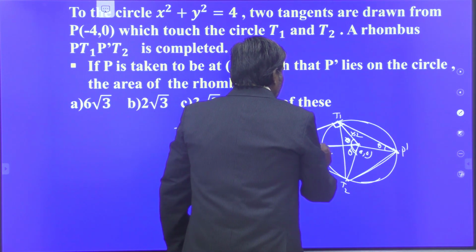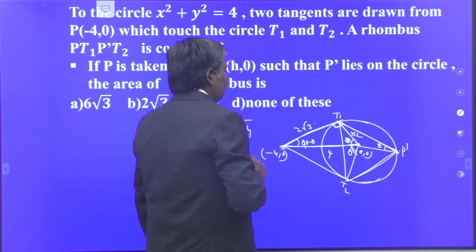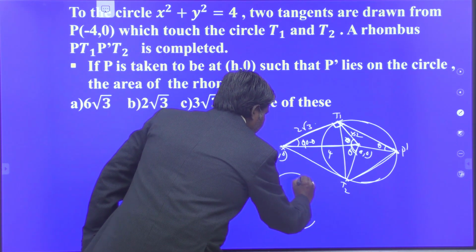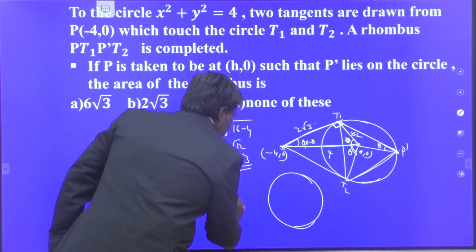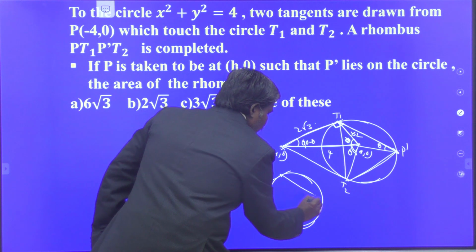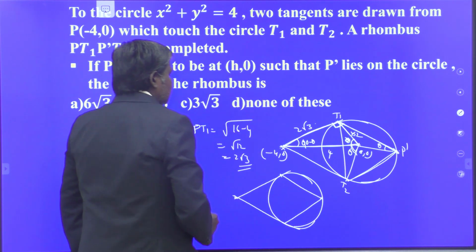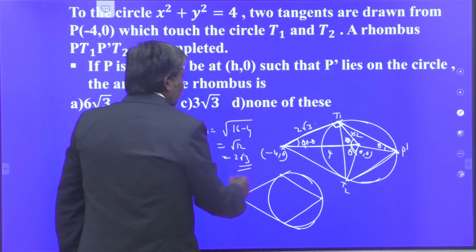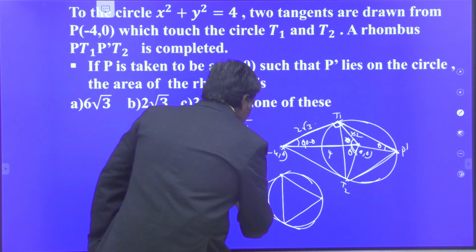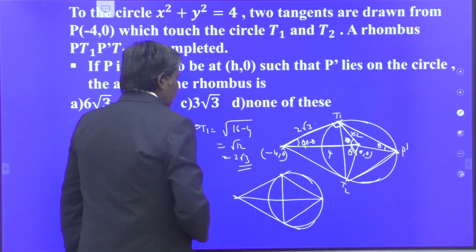Now can you find the value of theta from this figure itself? How can you find the angle theta? This is the circle. This is the point. These are the tangents. Now we are preparing the rhombus just by drawing the parallel lines to those. This is the chord of contact. This is the line joining that.